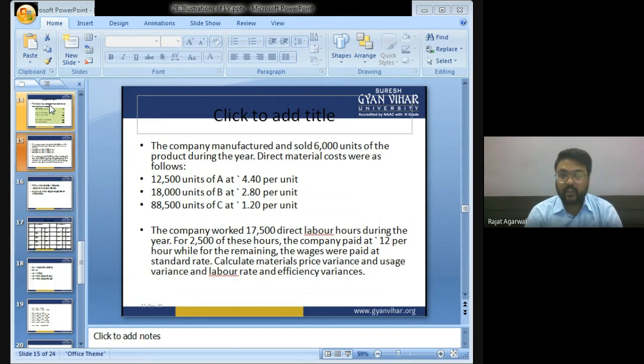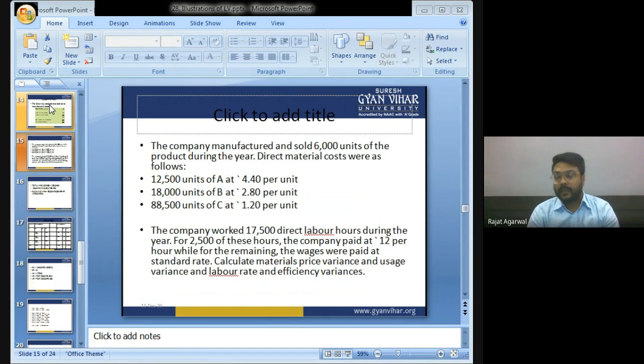Out of this 17,500, 2,500 hours were paid at the rate of 12 per hour. Now, if we deduct 2,500 from 17,500, the remaining is 15,000. And for the remaining 15,000 hours, the wages were paid at the standard rate. Standard rate is how much? 8 per hour.